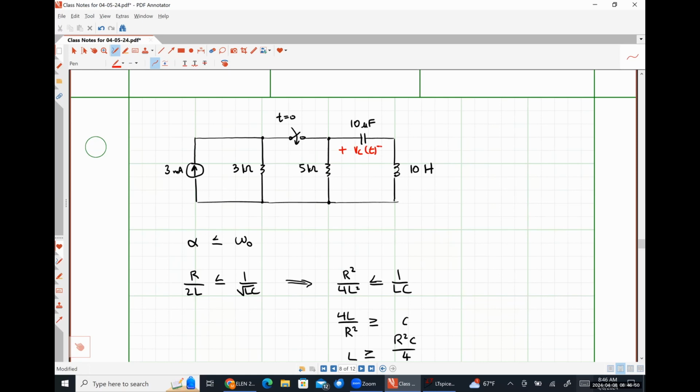So that's something that we're actually interested in. Let's find the current flowing through this resistor.